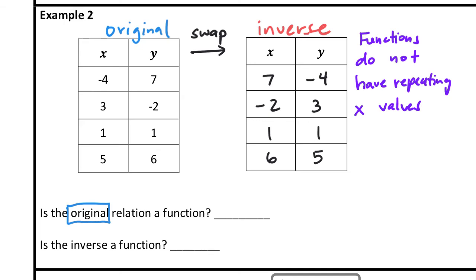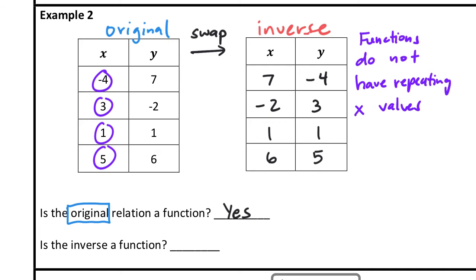Functions do not have repeating x values. So I'm going to look at the original x values, circle them so I can focus on them, and I'm going to check, are any of these repeating? No. So then we say, yes, this is a function.